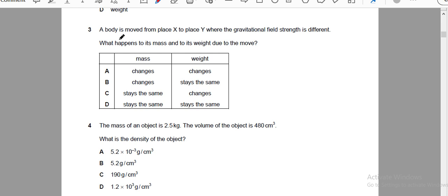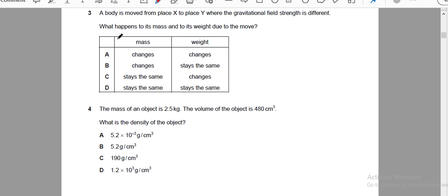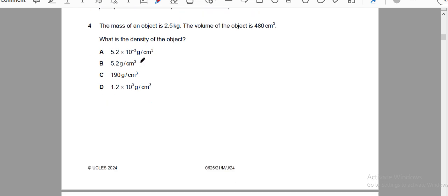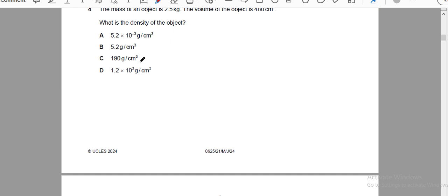A body is moved from X to Y, where G is different. What happens to mass and weight? Mass stays the same while weight changes. Weight equals mass times G.